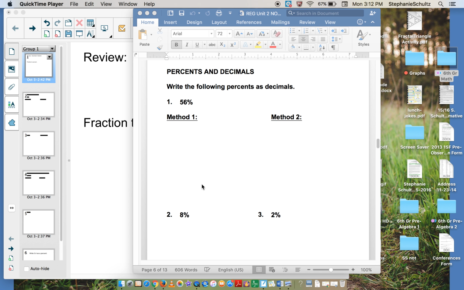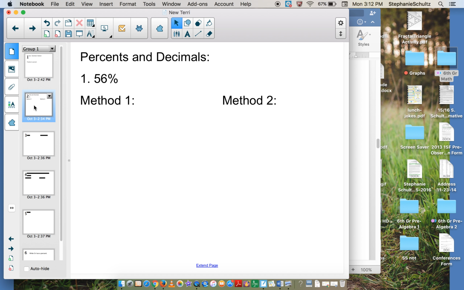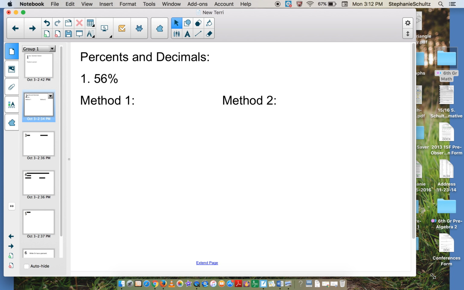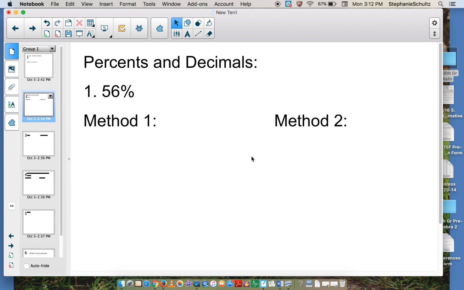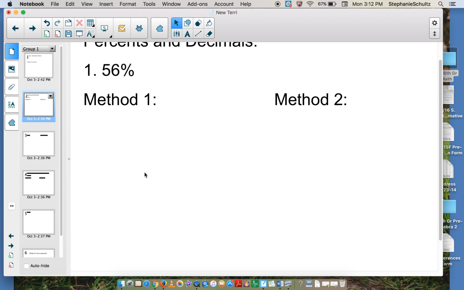So you should be on this page, which is percents and decimals. And I'm going to do it not necessarily on the notes section, but I'm going to go ahead and do it on my notebook right here. So if we look at this, okay, we have percents and decimals. We want to change 56% into a decimal.